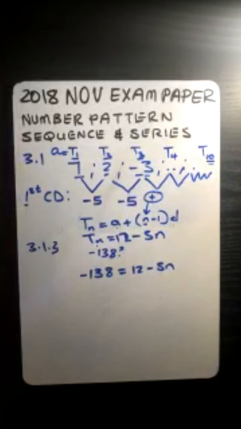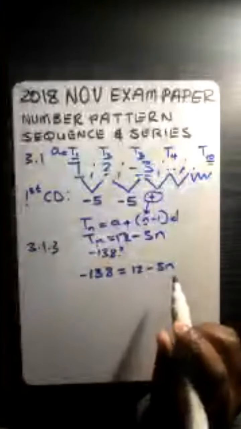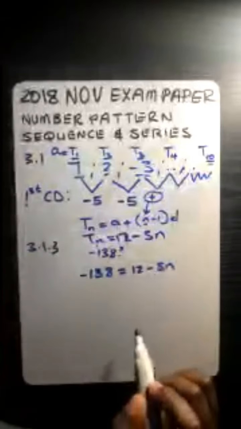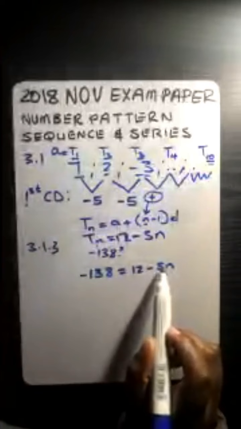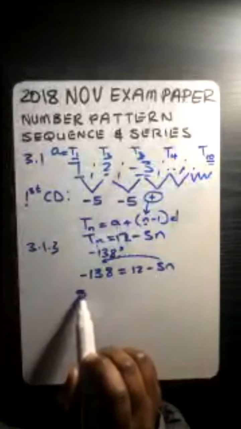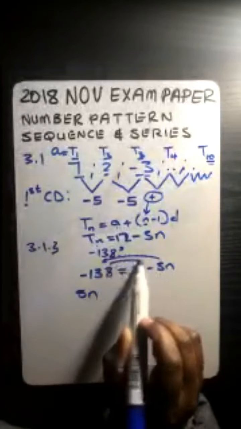So, Mnyama, what the song simply means is that you want to take all the letters to one side, all the numbers to the other side. So, let's see. It's better when we have letters on the left, numbers on the right. So now you are going to transpose that to the other side. It becomes positive 5n. Then you transpose this number to the other side.